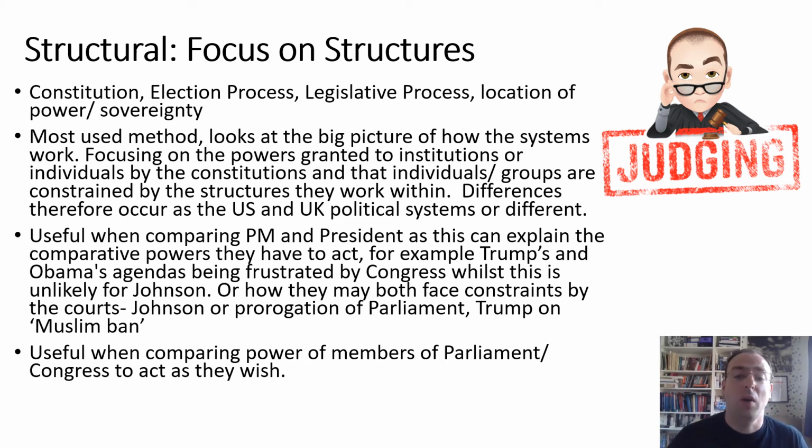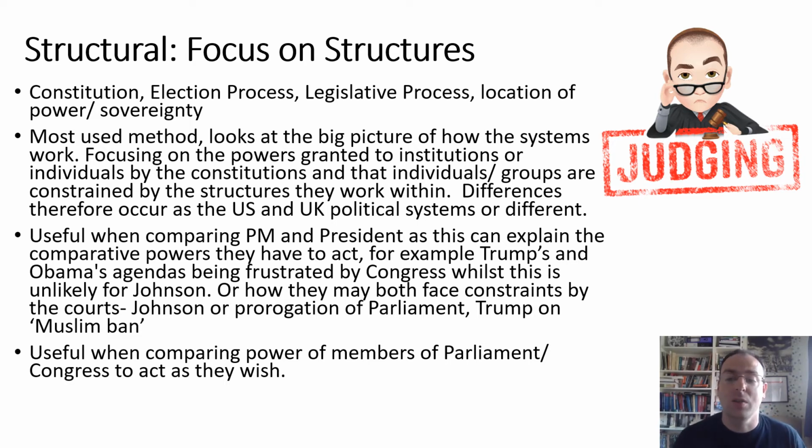So this is useful when comparing prime ministers and presidents, as it can explain comparative powers and the way that they have to act. For example, Trump and Obama's agendas were both really frustrated by the Congresses that they were elected alongside. Well, that's unlikely to be a similarity that you'll see with Johnson, who has a strong majority, because of the structure of the UK system with the executive and the legislature all in together.